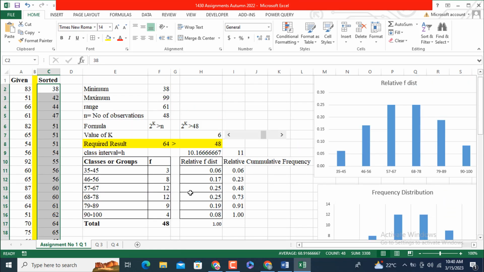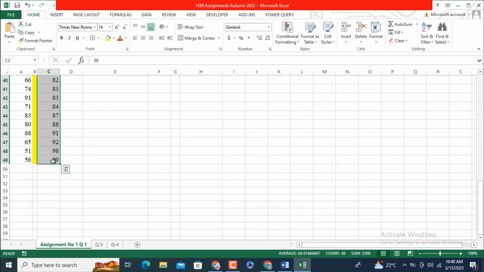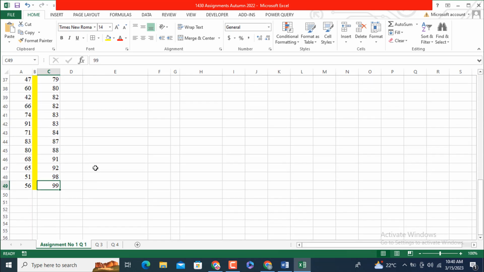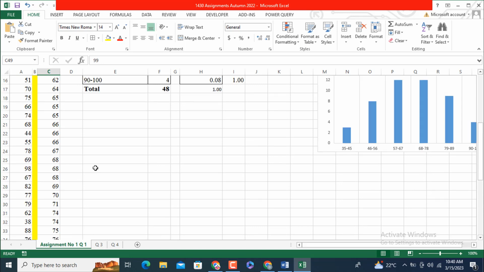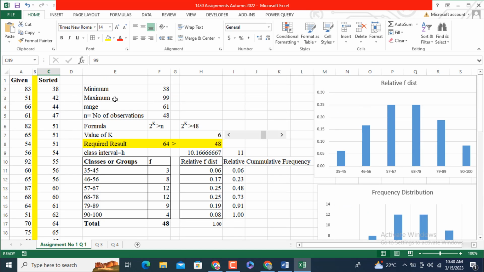So the first step is to determine the minimum value of this series or sorted data. It is 38, and the maximum value is 98. You see, if the data is arranged in ascending or descending order, how quickly you can find the minimum and maximum value of the data.